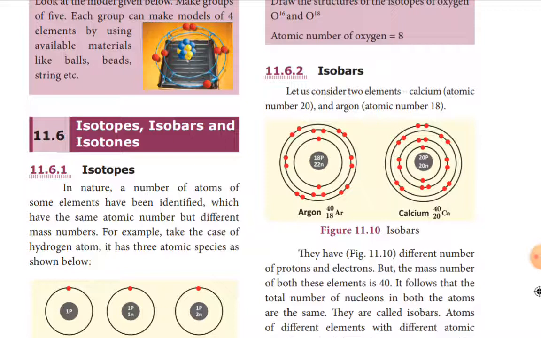And isobars are atoms of different elements having the same mass number, different atomic number.